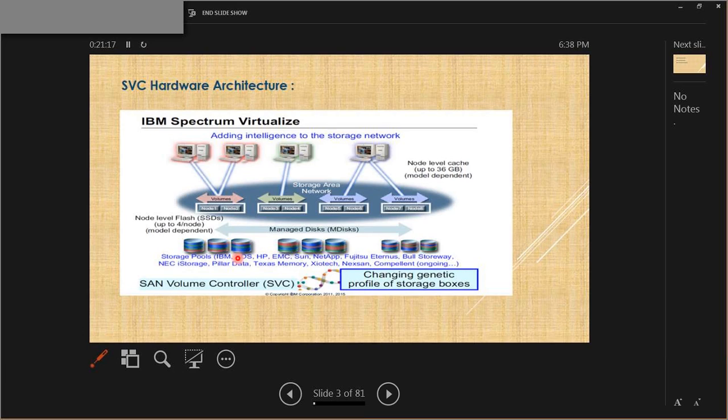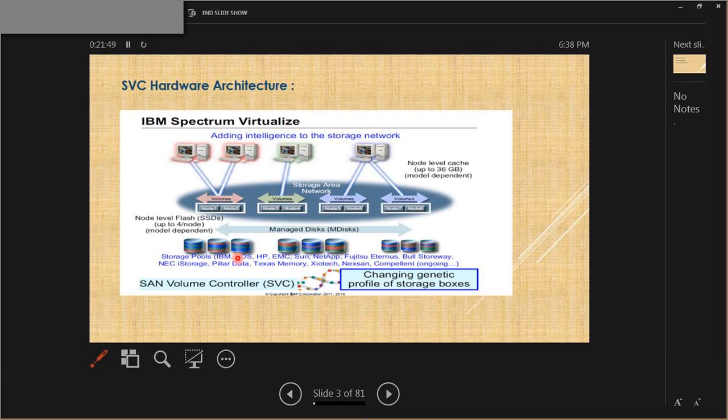Spectrum Virtualize, or SVC as we call it, does this at the storage controller level, leveraging the storage area network. All the discussions we are going to have will essentially leverage this virtualization functionality. I request all of you to go through the storage virtualization basics once again, in case you have lost it for the time.